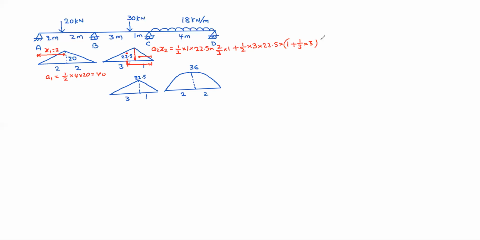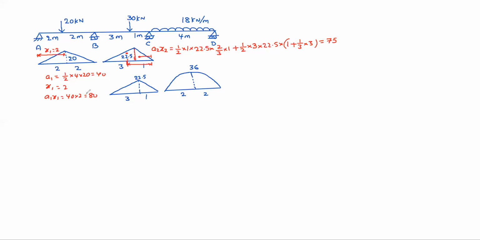How much is it? 75. See, always mind it here. For left span, centroid distance must be from left side. For right span, centroid distance must be from right side. So next, this A1 x1 is here too, right? So A1 x1 equals 40 into 2, 80 here. Here 75. Okay, no problem.